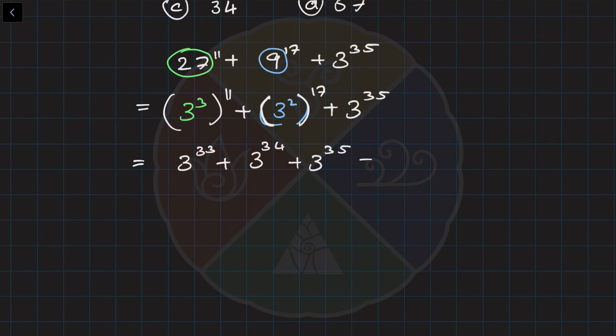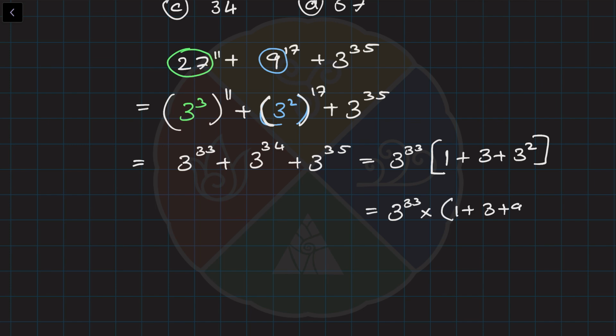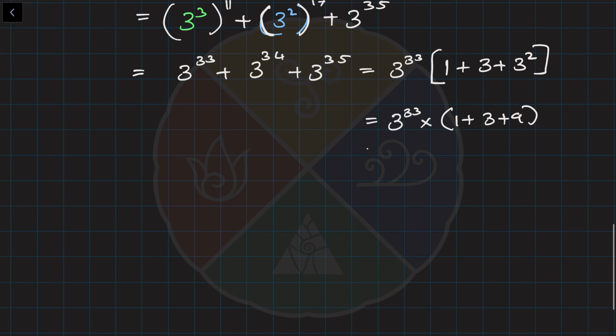If you take 3 raised to 33 outside, you will get 1 plus 3 plus 3 square, which is nothing but 3 raised to 33 into 1 plus 3 plus 9, which is 3 raised to 33 into 13.